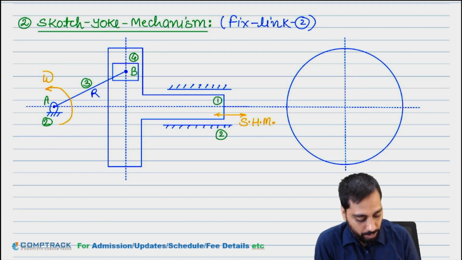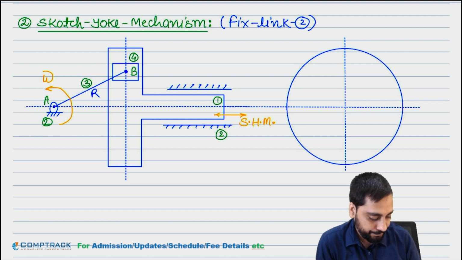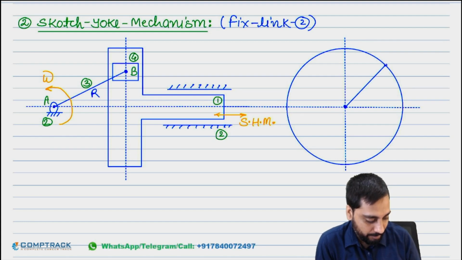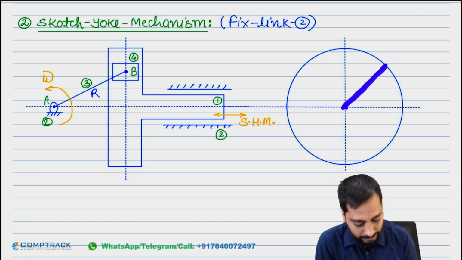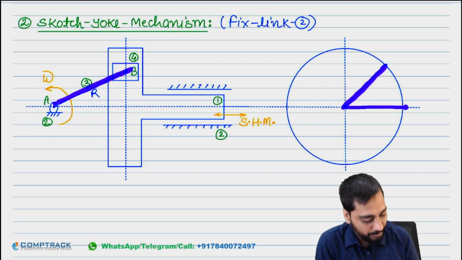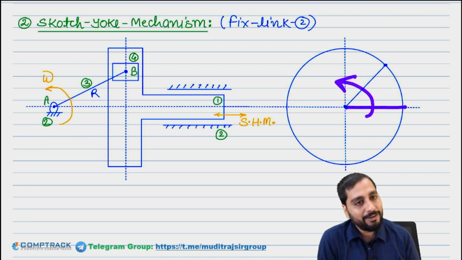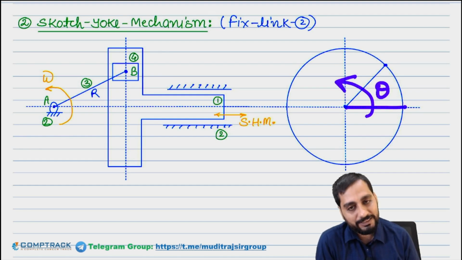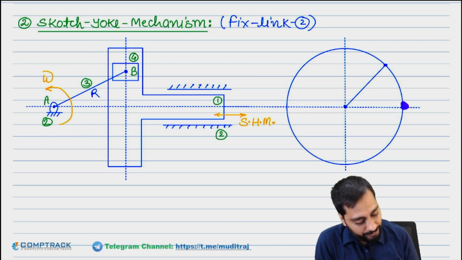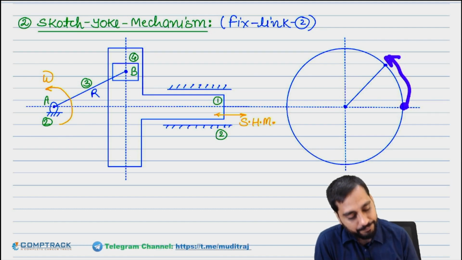Draw this radius at any general point like this. Initially this link AB will be here. Initial position of this will be here. When it will rotate by some angle, let's say theta, this point B will reach here.